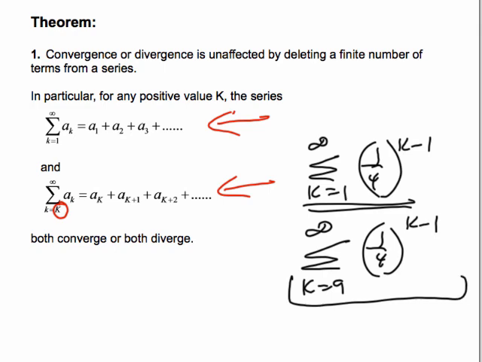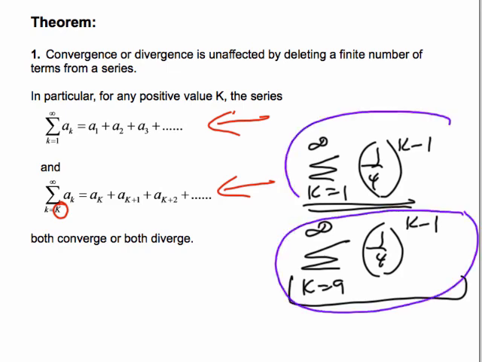However, what you need to be careful about is that the sum of this will be different than the sum of this. The sums will be different, but the fact that they both converge will still be the same. So you can delete a finite number of terms, and the new series will converge if the original converged, or the new one will diverge if the original diverged.